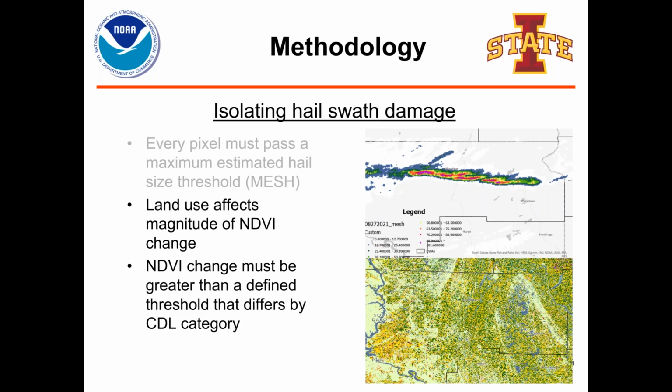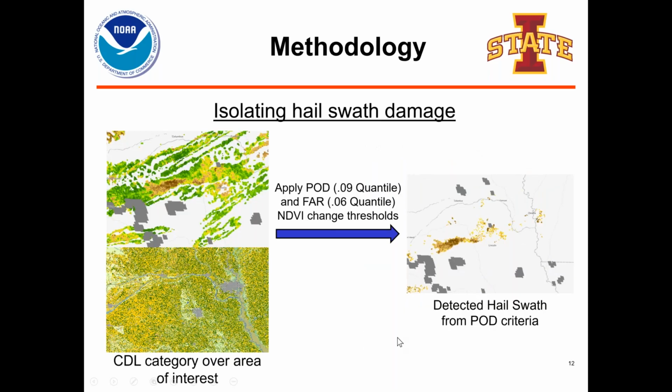So what we're doing is we are calculating the quantile for every land use category. In this case, the POD quantile 0.09 is what we used here.